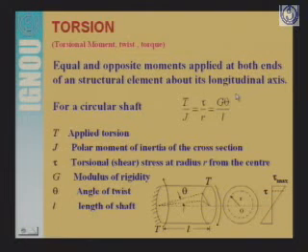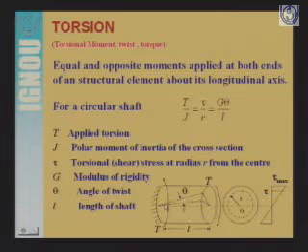And if you remember your study of the strength of materials course, then in that particular course it was told to you that if there is a shaft, of course a circular shaft we are talking about, and on this shaft, as shown here in this picture, this torsional moment T acts in equal and opposite directions at the two ends of this circular shaft, then under the action of this torque or torsional moment or twist, some of the fibers of this element of the shaft change their position.